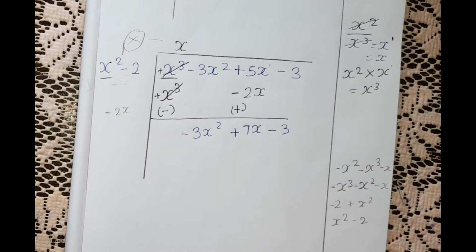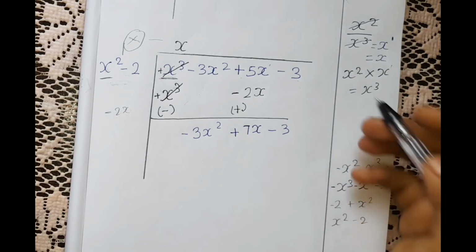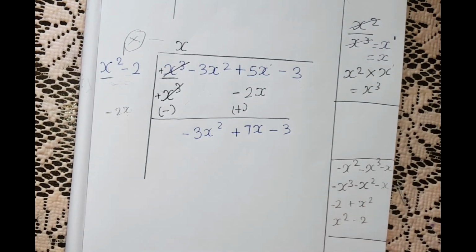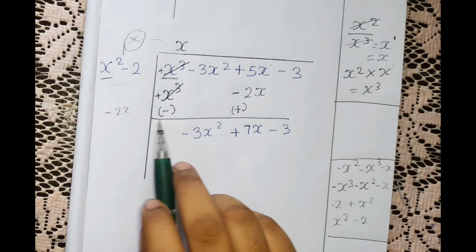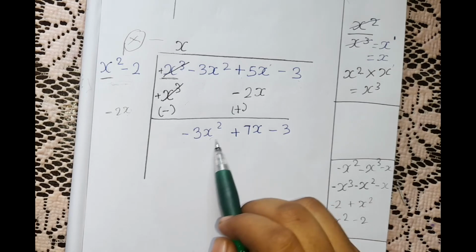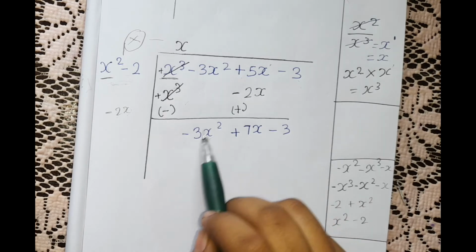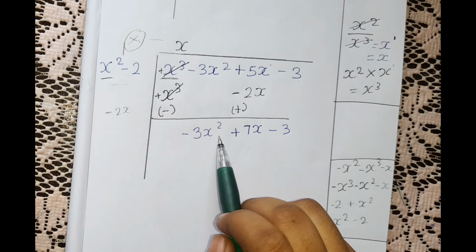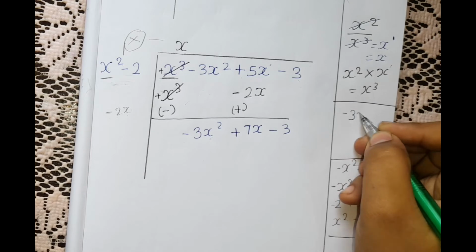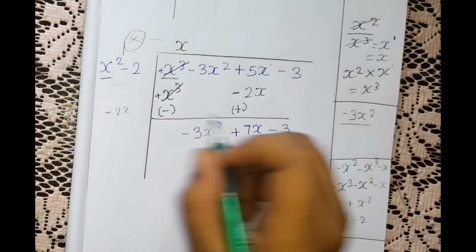Now what I am going to do is, here we have minus 3x square. So we are supposed to see the first term. Here the first term is minus 3x square. So we are going to be dividing minus 3x square by x square.